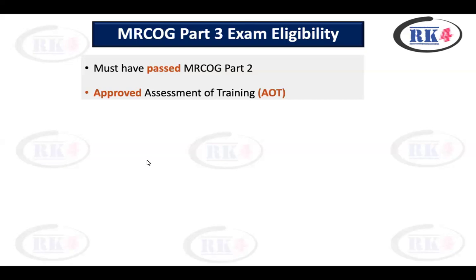So on the RCOG website, they always give a timeline to get your training assessment done. And after Part 2, you can get the assessment of your training and then move on to take the Part 3. And for that, you need to have at least 4 years of working experience in obstetrics and gynecology.